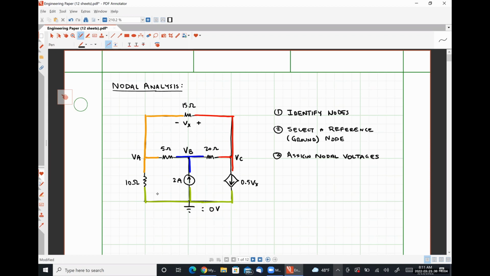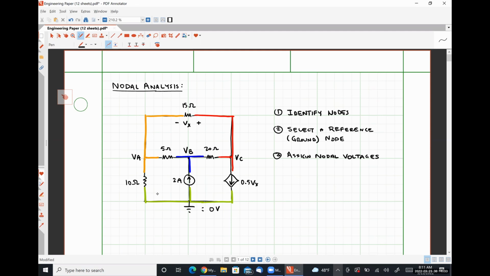So we're going to get to this momentarily, but let's talk about that voltage VX up top, okay? VX is defined positive polarity terminal on the right, negative polarity terminal on the left. Well, the nodal voltage associated with the positive polarity terminal is VC. The nodal voltage associated with the negative polarity terminal is VA.